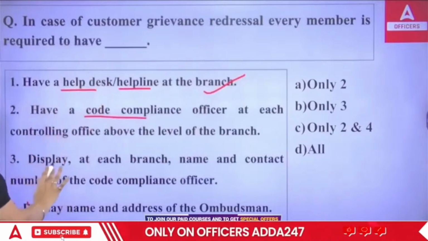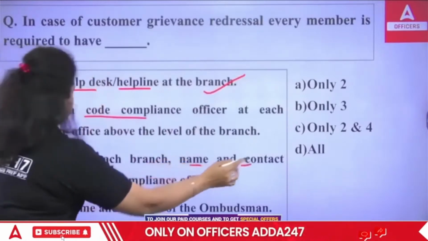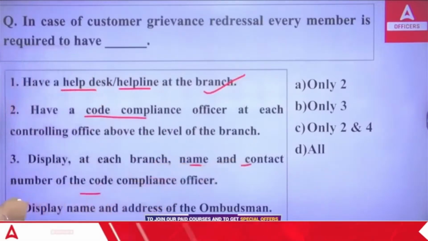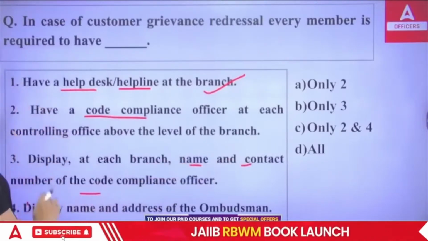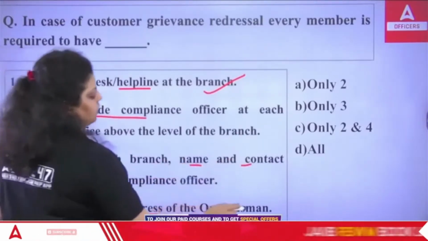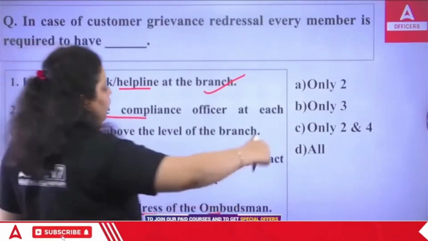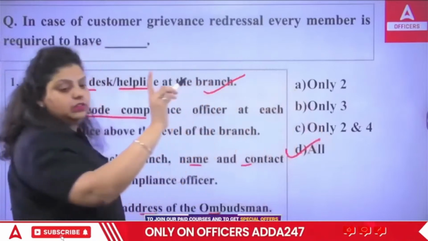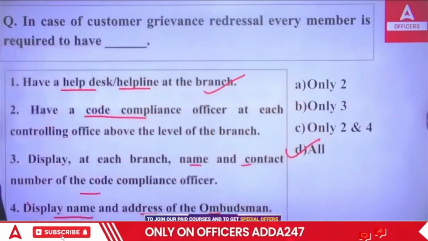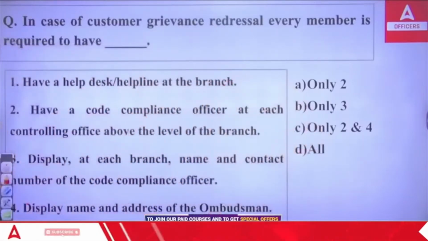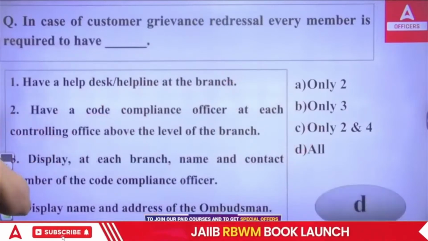Every member has to display at each branch the name and contact number of the code compliance officer. Every member has to display the name and address of the ombudsman in their branch. The right answer is all. All of these have to be there with the members when they are providing grievance redressal to the customer. So the right answer is D.